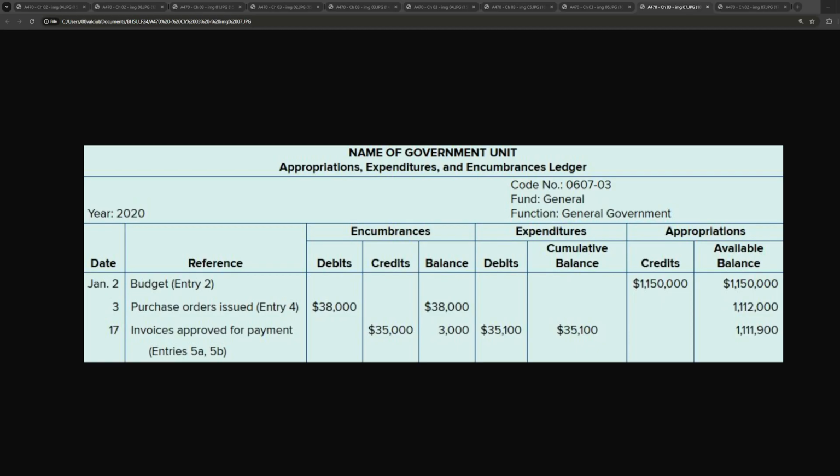The encumbered appropriation was the purchase order. Remember, the purchase order is our authorization to buy goods or services from a vendor, not for the payment of it, but for the sourcing of it. And so the purchase order is what encumbers. The invoice is what generates the expenditure payment.